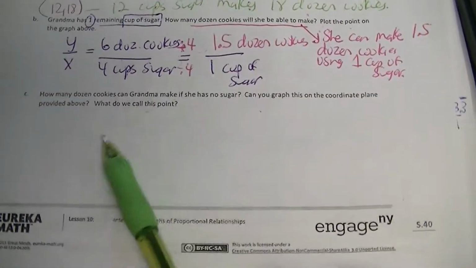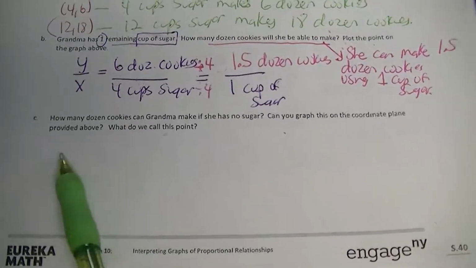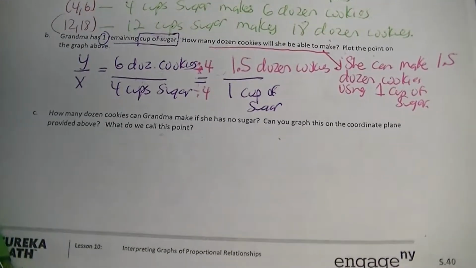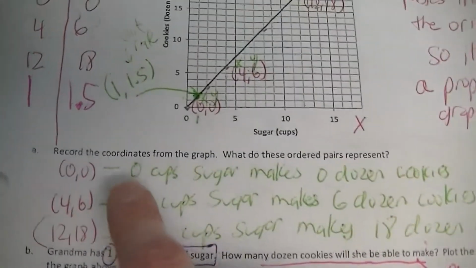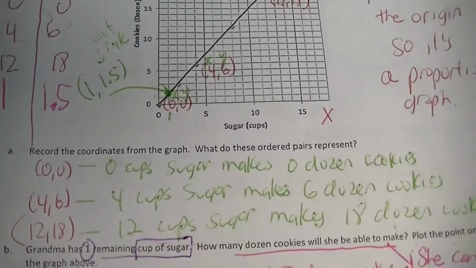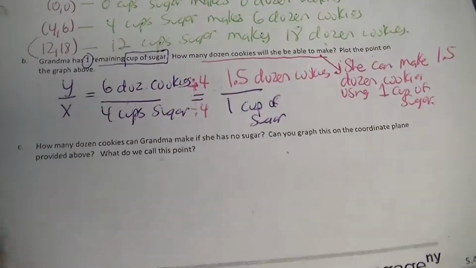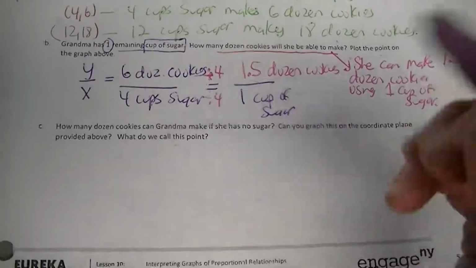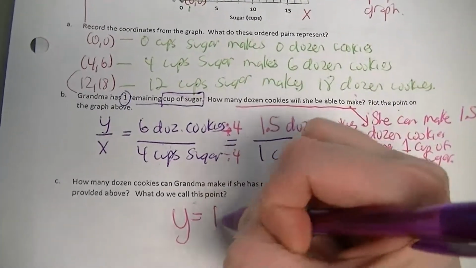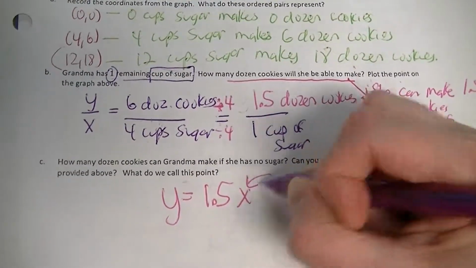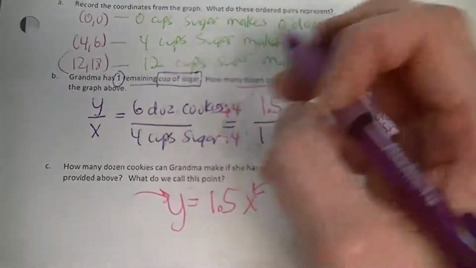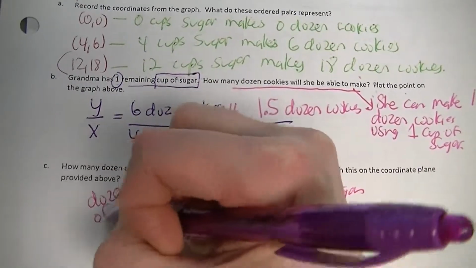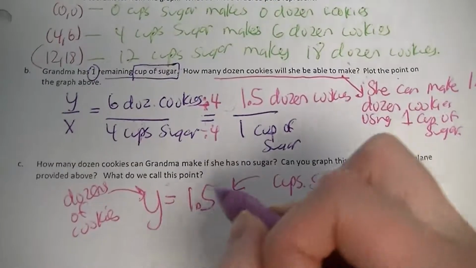So now it says, how many dozen cookies can Grandma make if she had no sugar? So this lady's got no sugar. If she had 0 cups of sugar, she can't make any dozen cookies. She can't make anything, really. So I'm going to show you using the equation. For this equation, remember you set up y equals unit rate times x. X represents cups of sugar. Y represents the dozens of cookies. Where do you substitute that 0 in?